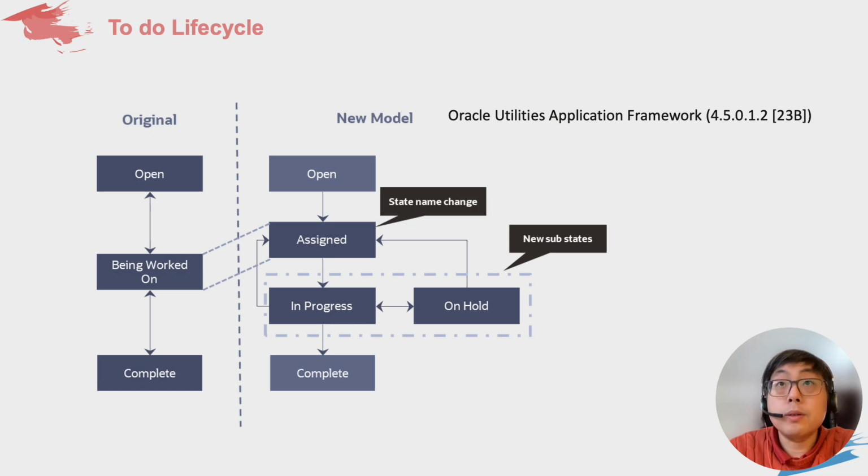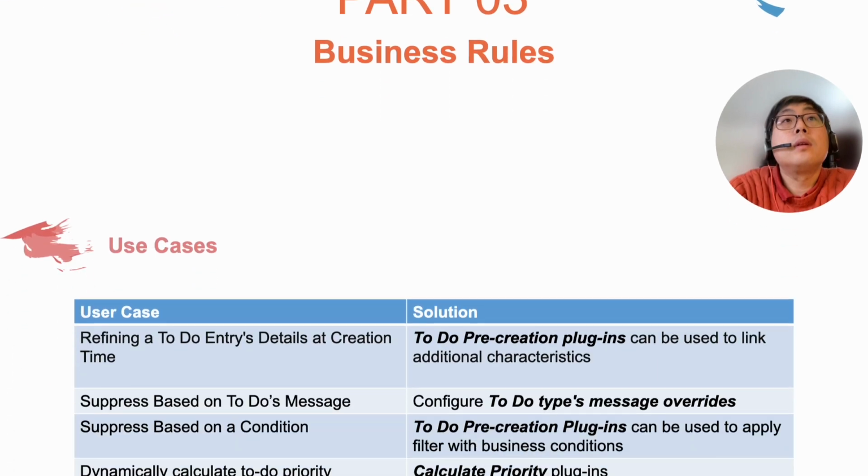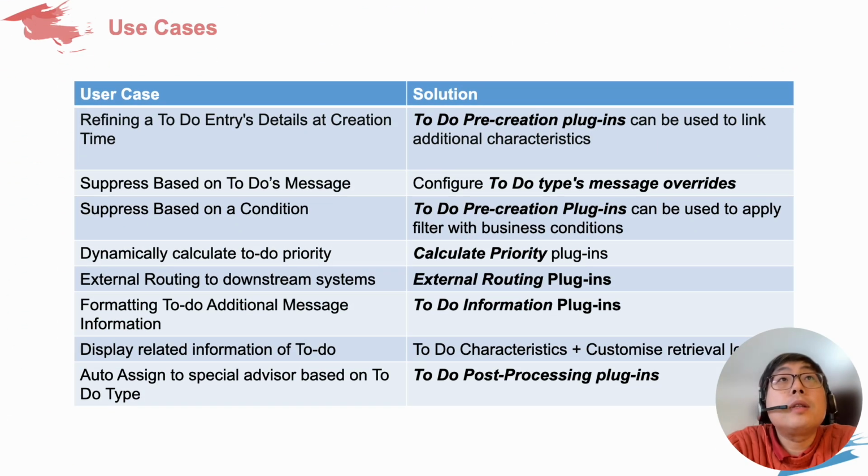Okay, so let's look at these business rules, what we can define in the to-do type. I list down a few use cases. So first use case, refining a to-do entry detail at creation time.